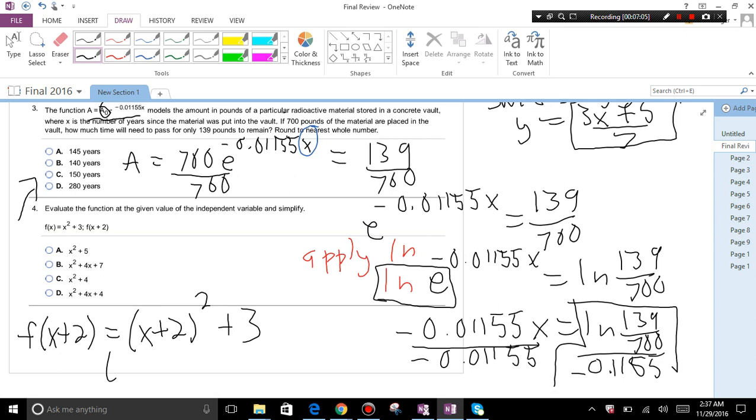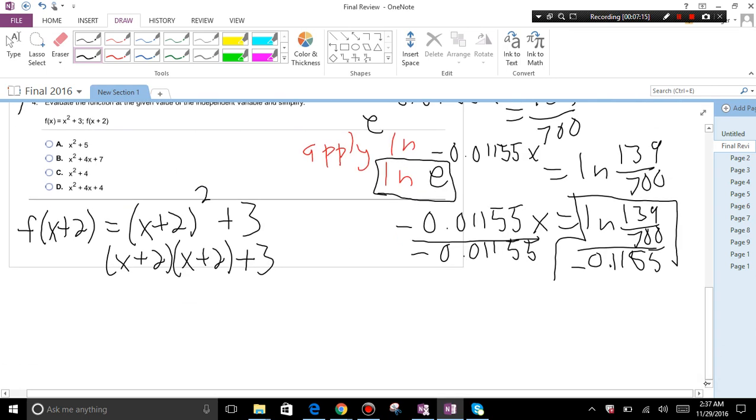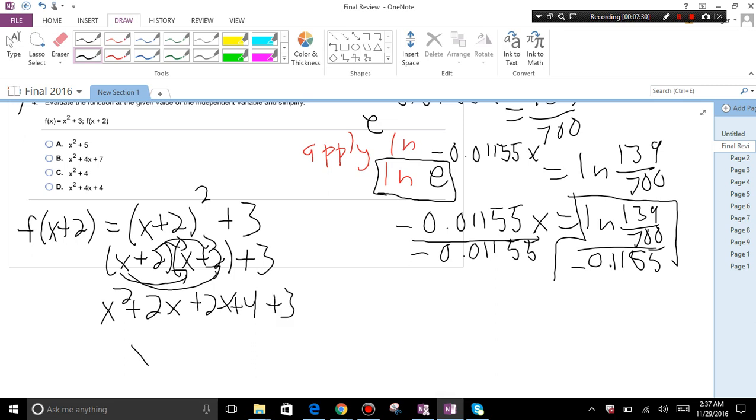When you FOIL out x plus 2 times x plus 2, and then add 3, that will give you the answer. x times x is x squared, x times 2 is 2x, 2 times x is another 2x, and then 2 times 2 is 4, and then you add another 3. x squared, 2x plus 2x is 4x, 4 plus 3 is 7. B.